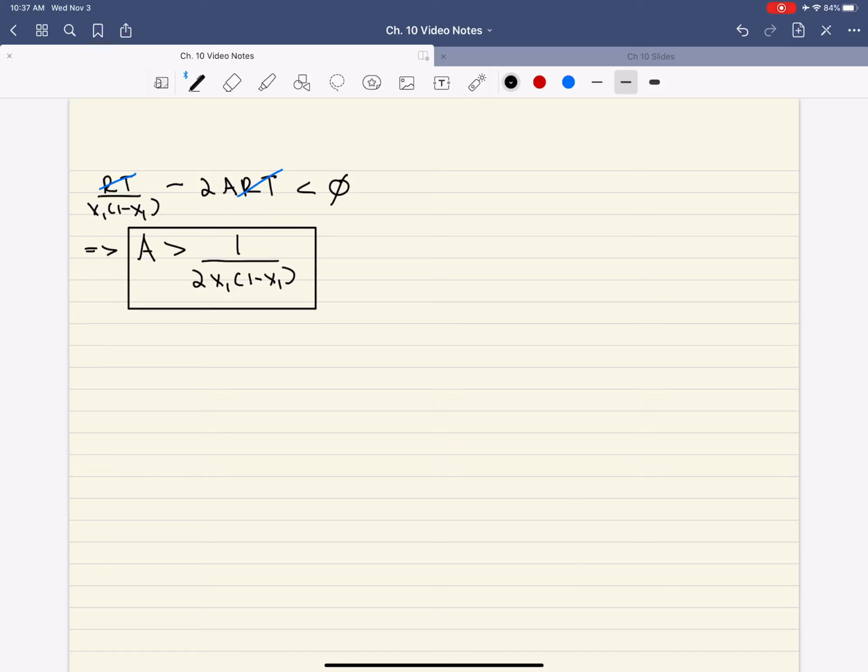Okay. So the criterion for phase separation if the one parameter Margules equation is used.